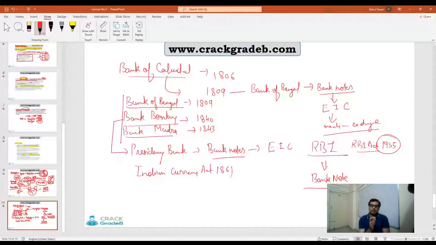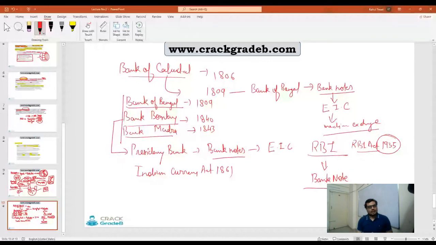However, the government has the power to demonetize it. The government has the power to refuse or stop the circulation of those banknotes as a currency. So till then the government is accepting that note as a currency, and till then it is going to be used.